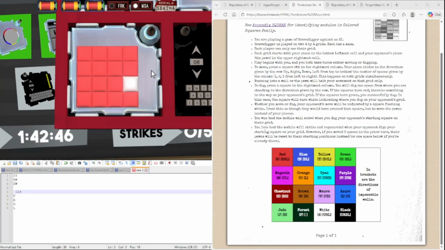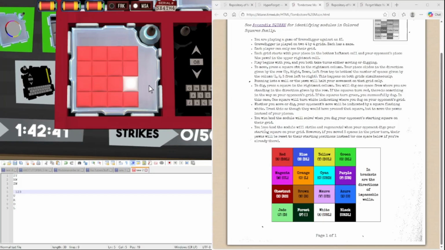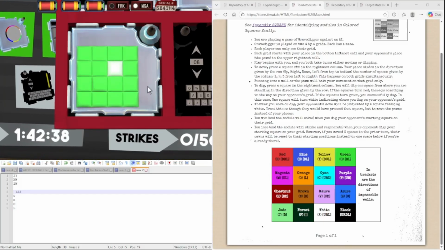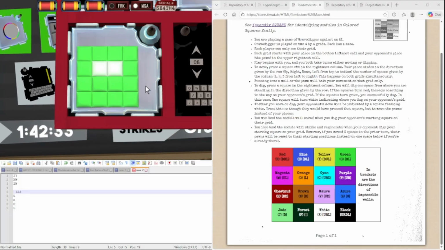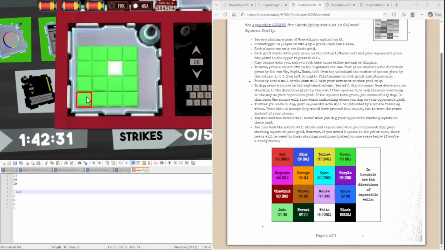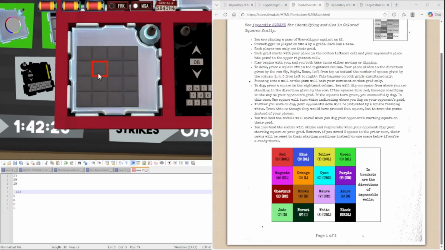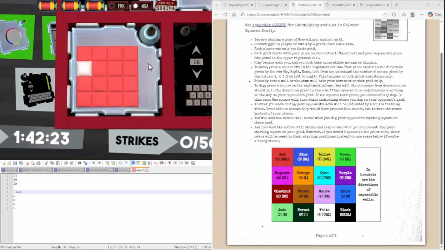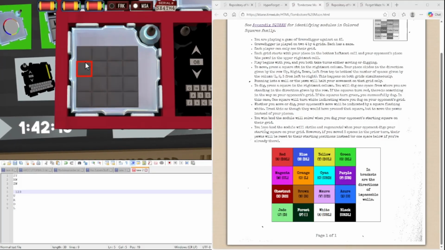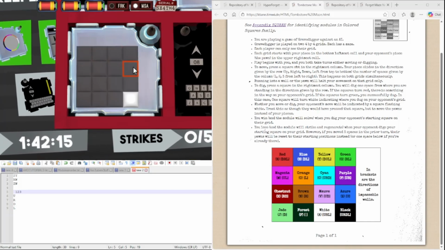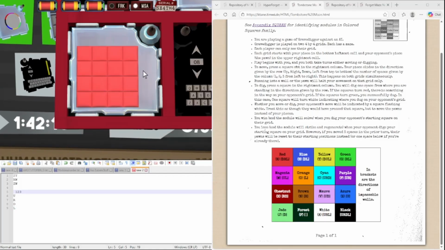Can't move up. There seems to be something in the way both times.